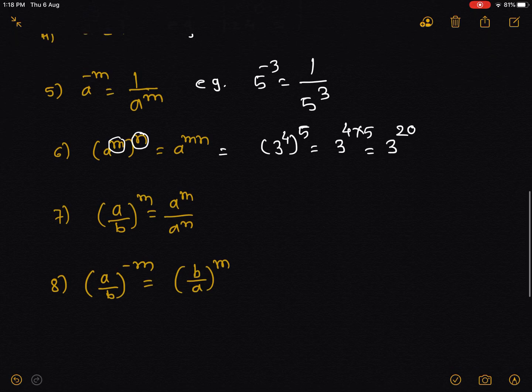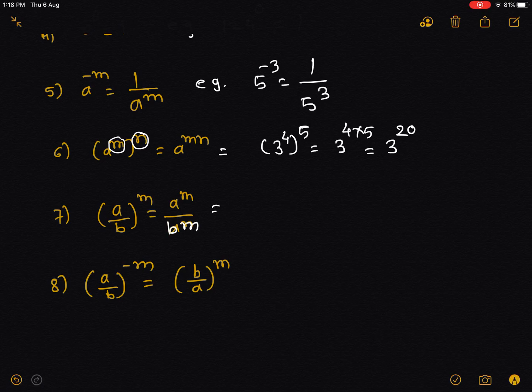Then law number 7. a upon b, in brackets, raised to m. That means the numerator raised to m and also the denominator b raised to m.